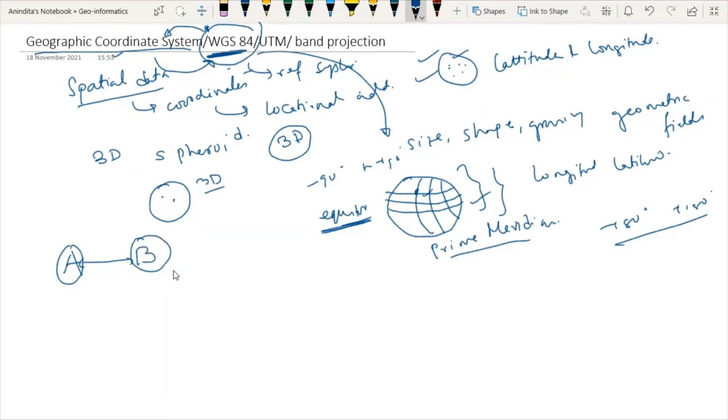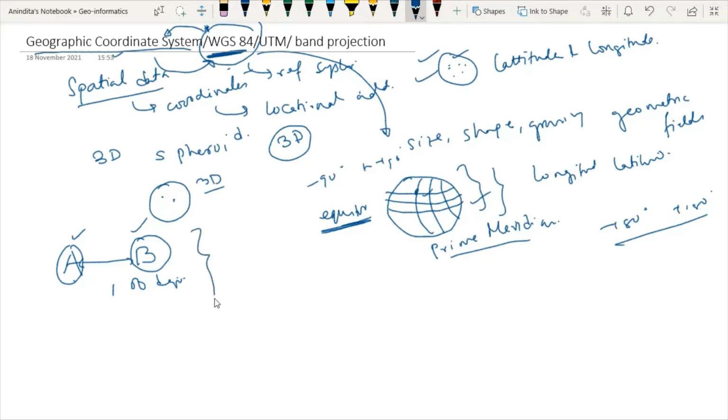It is very problematic if I define that the distance between A and B is 100 degrees, because whenever we are talking about this geographic coordinate system, everything is represented in degrees. As a result, the distance between two locations on earth can also be depicted in degrees, so it is a problem.